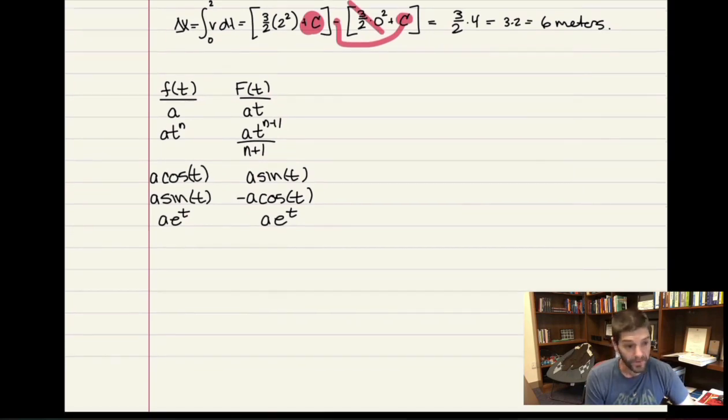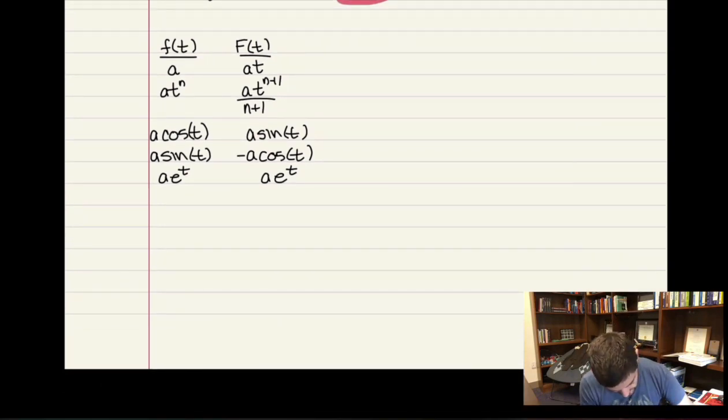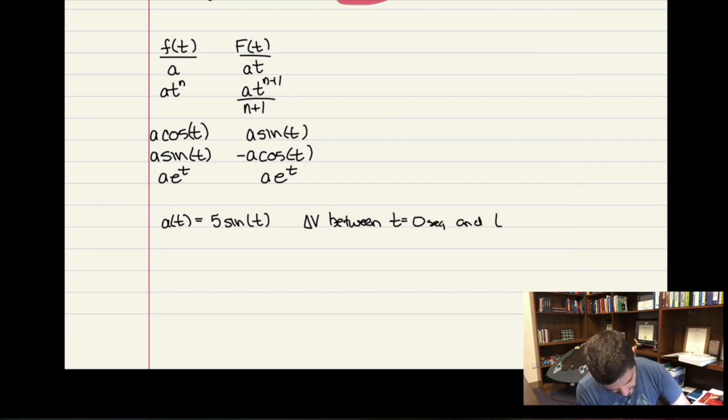Let me do one more example. Suppose I tell you my acceleration is, let's say 5 sine of t. And I want to know what is the change in velocity between t equals 0 seconds and t equals pi over 2 seconds.